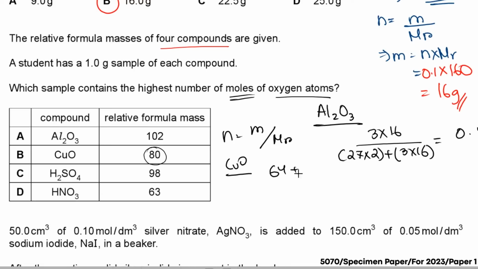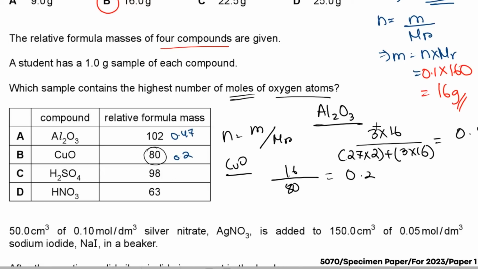Copper is 64, oxygen is 16, and this is 80. So we can easily do 16 divided by 80, which is 0.2. It's better we actually write it so that we can relate to it later. So we've got 0.47, we've got 0.2.